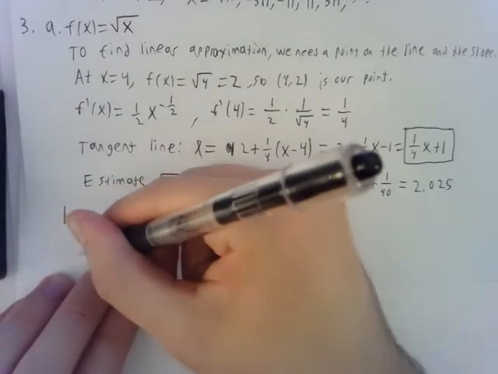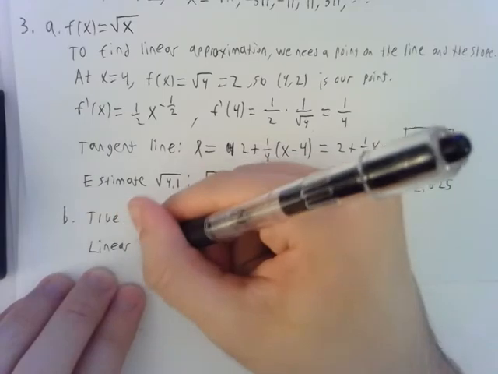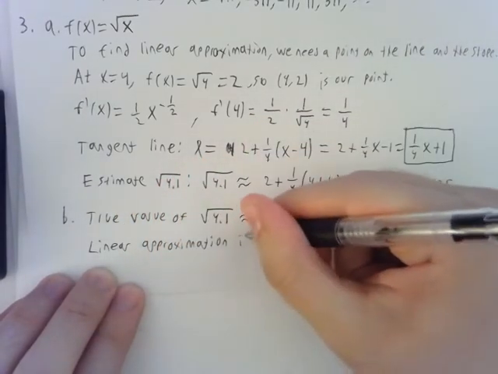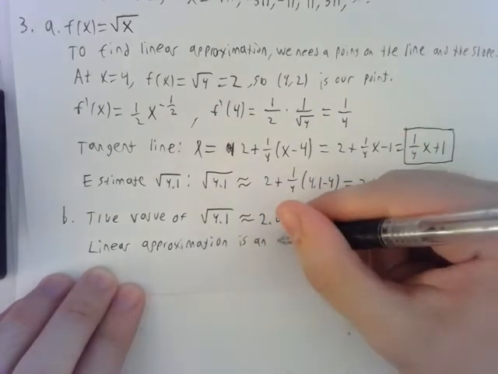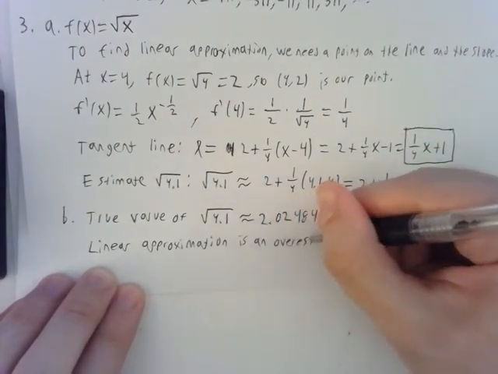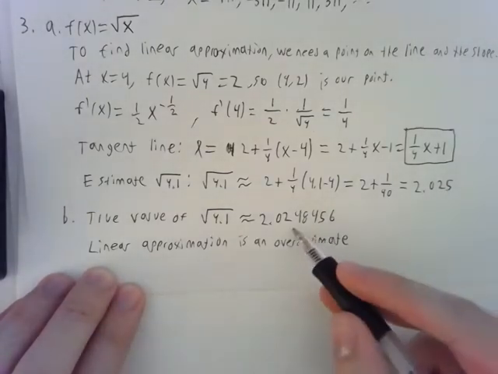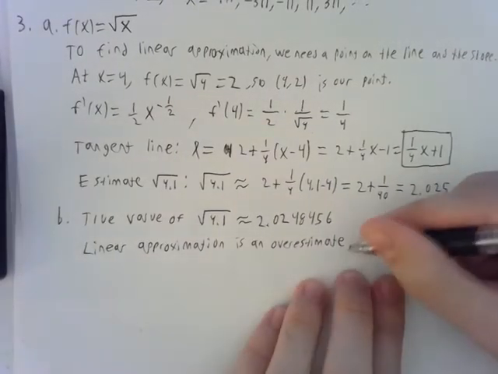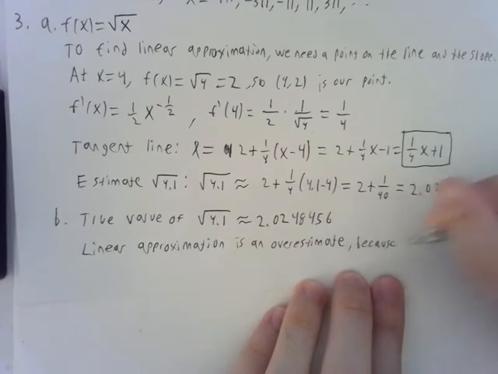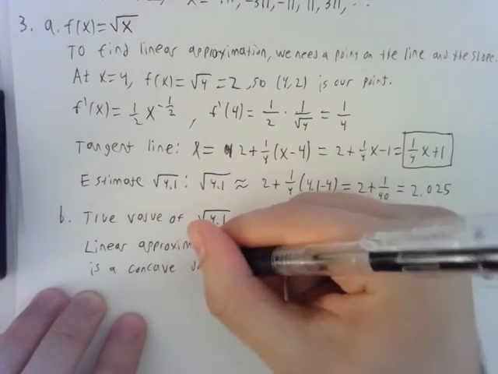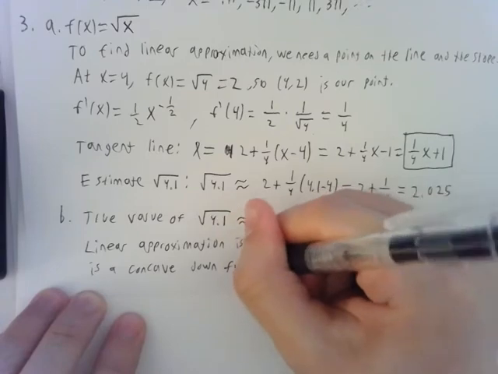And so we can see that the linear approximation is an overestimate. Right here we have 2.025, here we have 2.024, and this is because f of x equals square root of x is a concave down function.